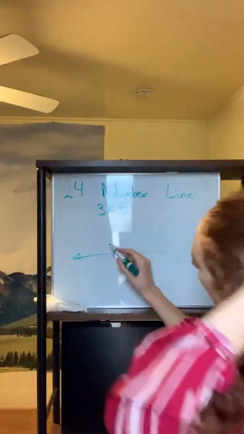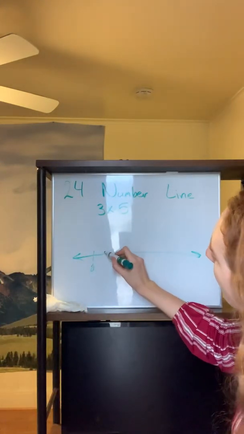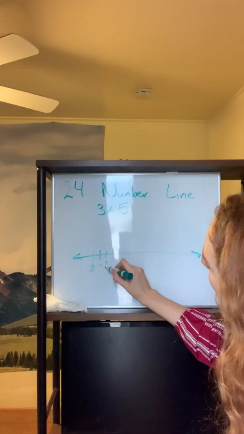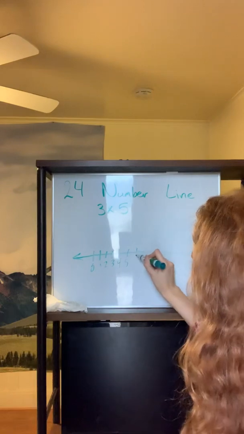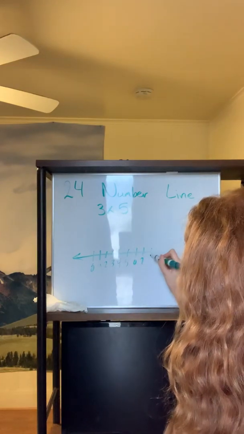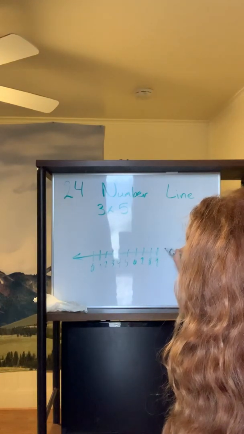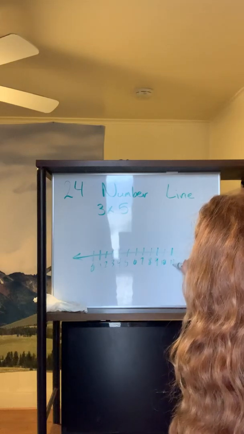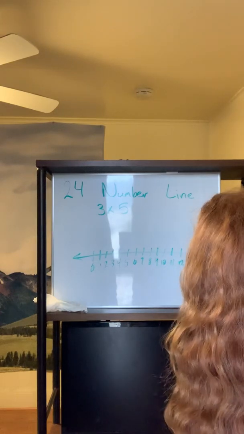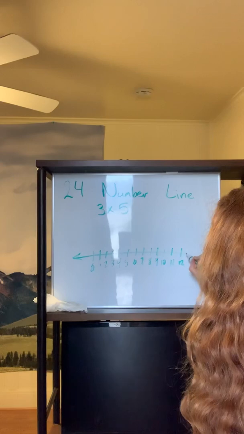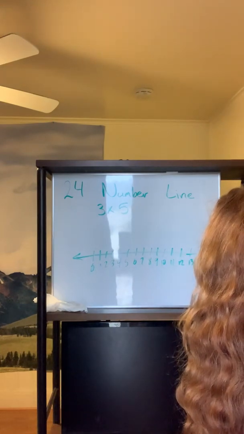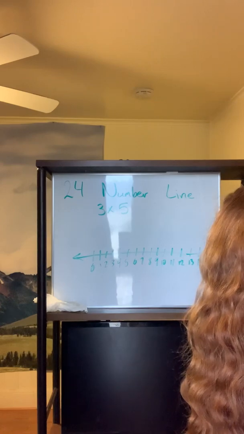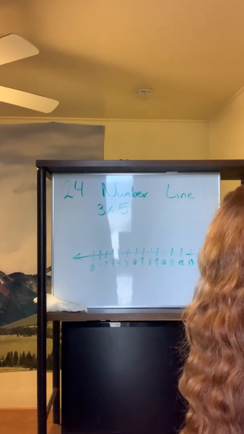So again, I'm going to start at 0, and then I'm going to number 1, 2, 3, 4, 5, 6, 7, 8, 9, 10, 11, 12, oh, I need to extend this a bit, 12, 13, 14, 15, which is enough, but I'll just make 16 also, and then the arrow to show that it keeps going forever.